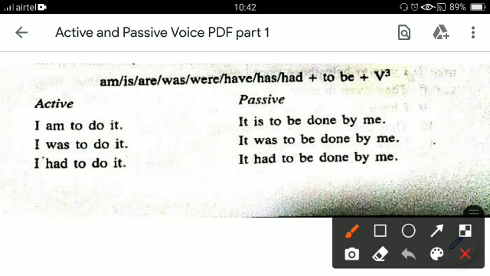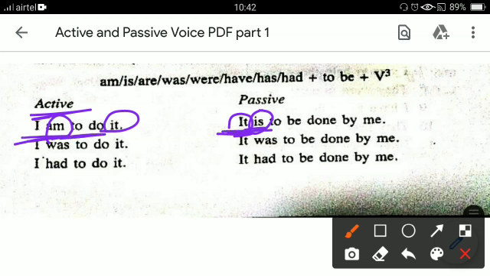It is just like you saw in the previous examples. You will take the object of active voice as the subject of passive voice, then according to it you will put the helping verb. Here you can see am is put for I, so the helping verb changes but the tense does not change in passive voice. Then to do becomes to be done.